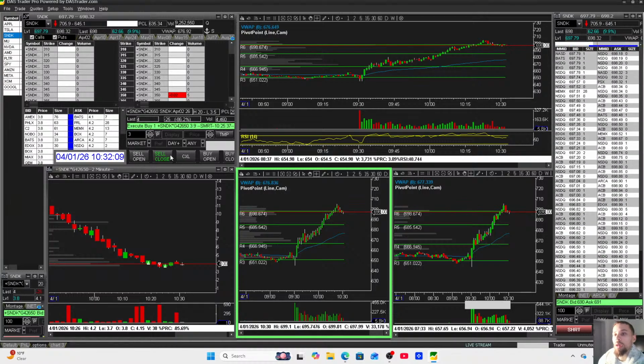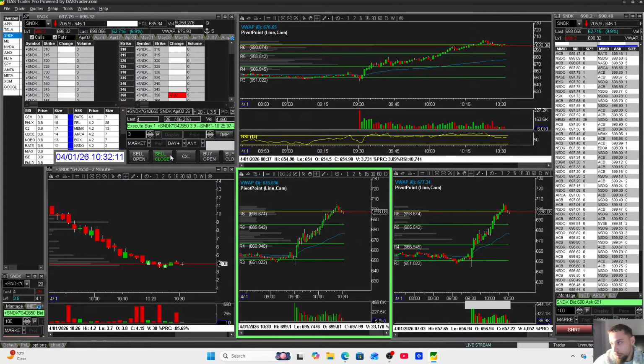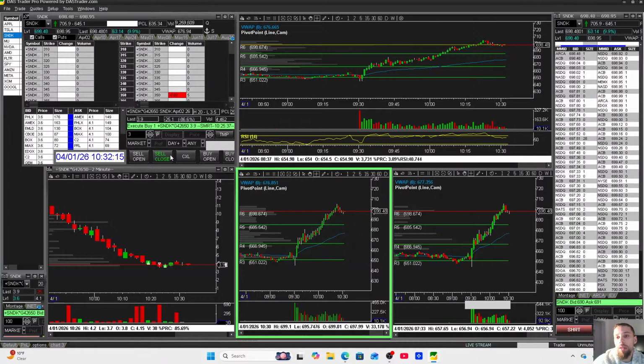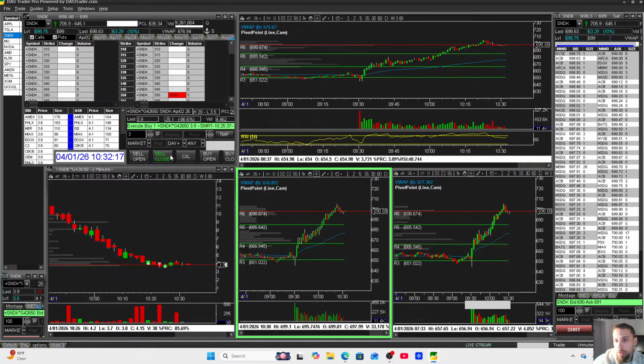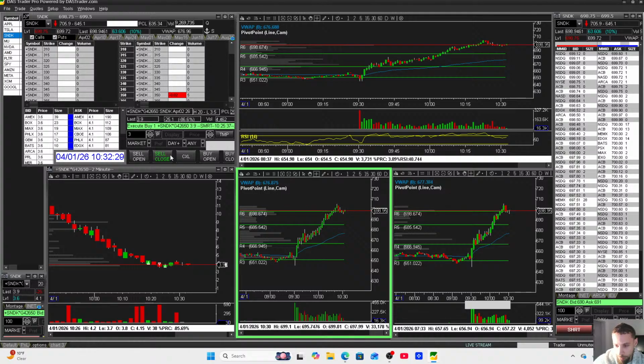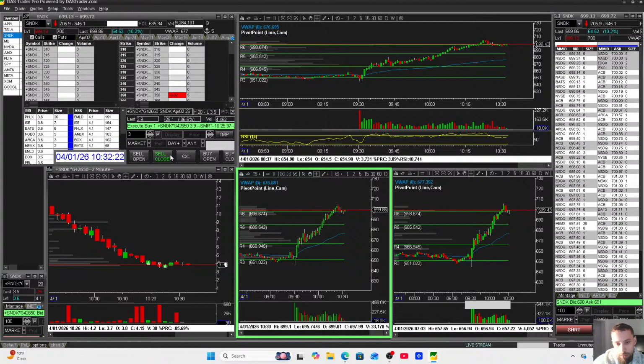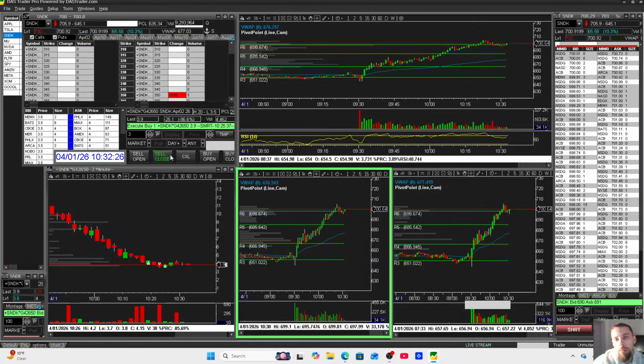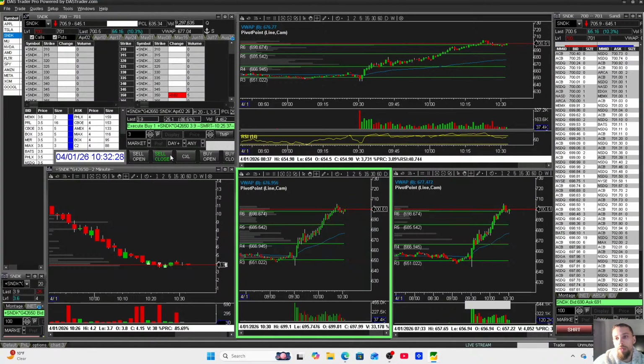It can just stay sideways at 700, and buyers just keep holding it until the next leg up, and then it can just push away from there. But just have to wait and see here. Looks like it might want to squeeze.